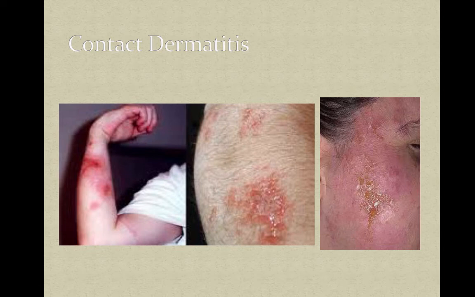The area becomes itchy and pruritic, erythematous, inflamed. You may see vesicles and blisters form. It's very similar to atopic dermatitis, but localized to the area of contact. This does, however, spread along the body as sensitized T cells do travel to other parts of the body.